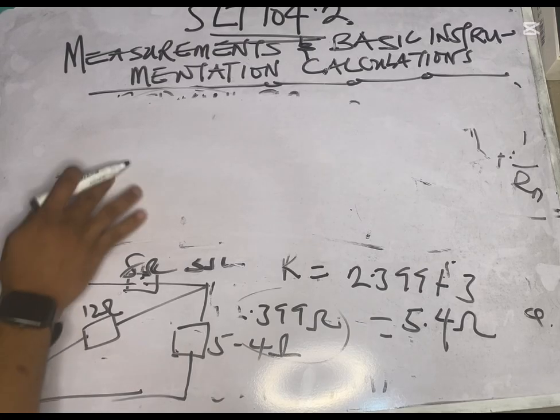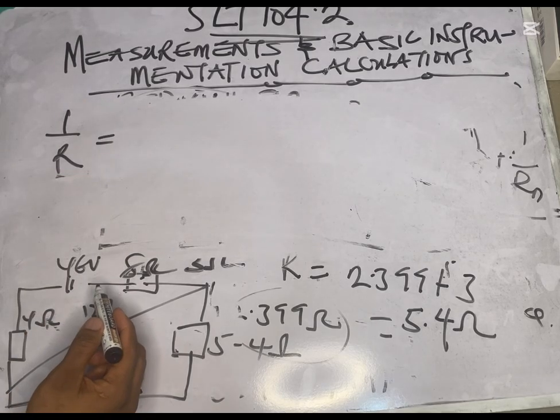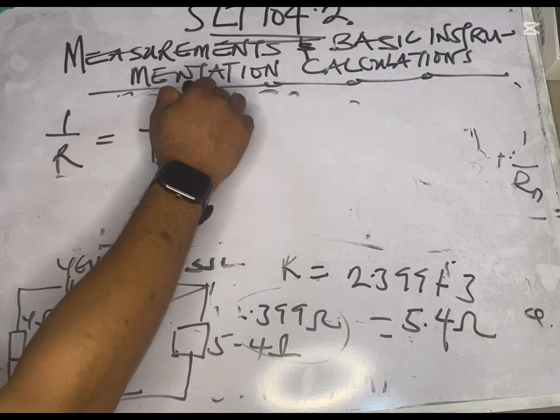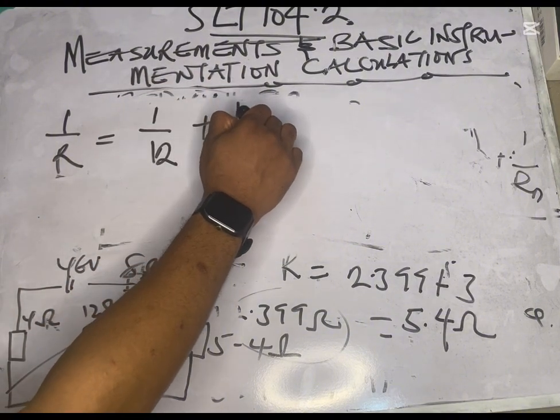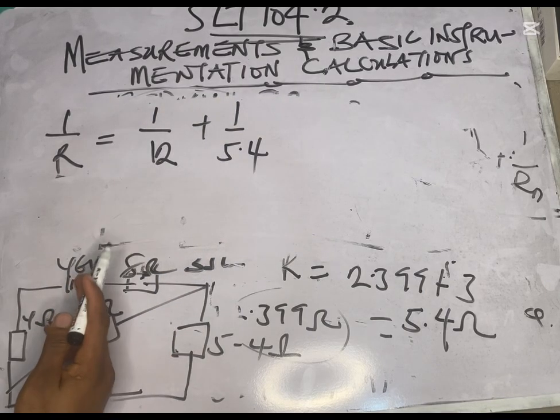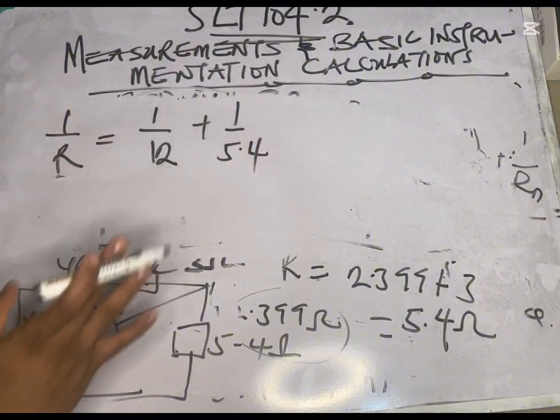And how do we do that? To get a new resistance for parallel, we know it is 1 over 12 plus 1 over 5.4.